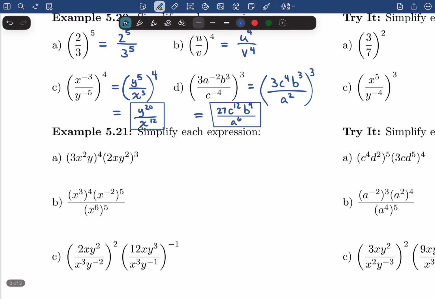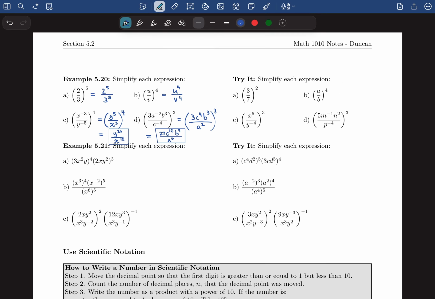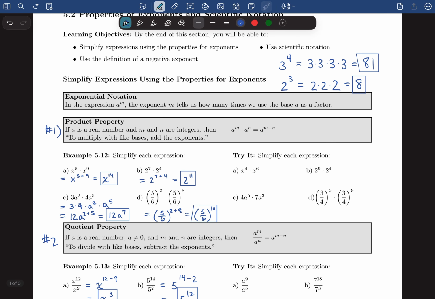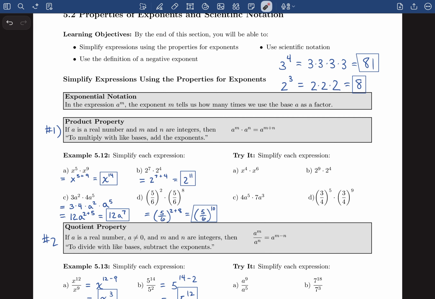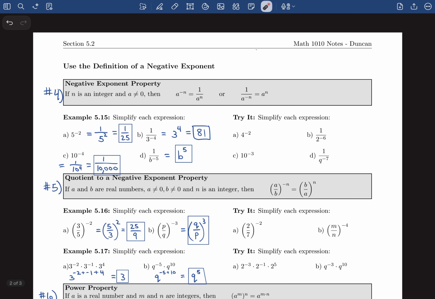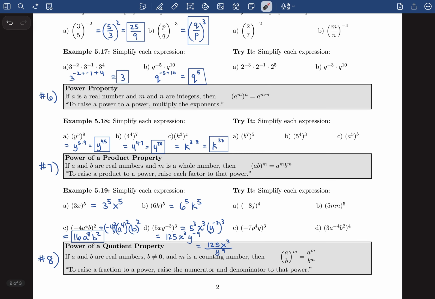Let's go ahead and play with all of the exponent rules that we've learned. Now, reminder, we've gone through, wow, 8 different exponent rules, and you need to be very confident with all of these exponent rules moving forward in this course and beyond this course. So I highly suggest taking the time to drill yourself.